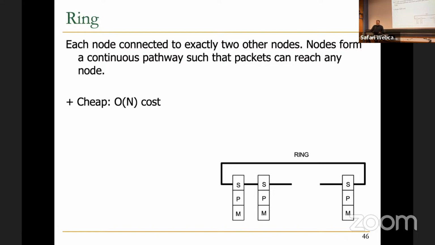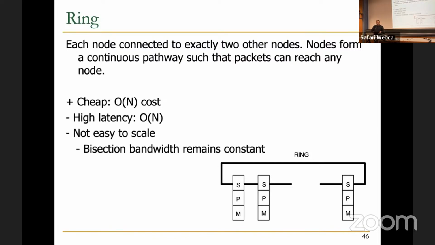It's still cheap because the cost is order n, but latency is still high because it's O(n), even though latency is lower than an array. When you think of order, it is still order n. It's also not easy to scale, and bisection bandwidth remains constant.